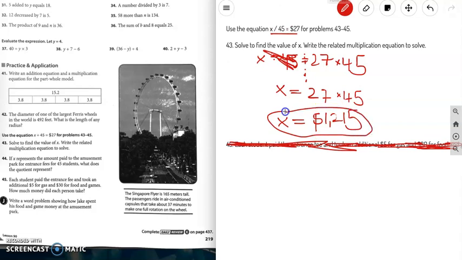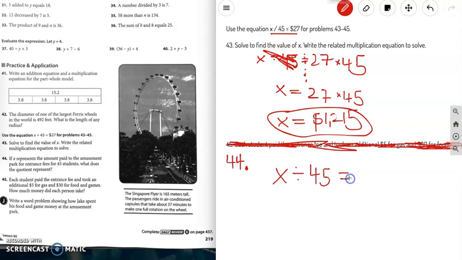Okay, let's go ahead and do 44. If x represents the amount paid to the amusement park for entrance fees for 45 students, what does the quotient represent? Okay, so let's look at this equation one more time.